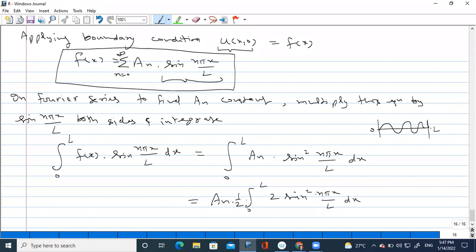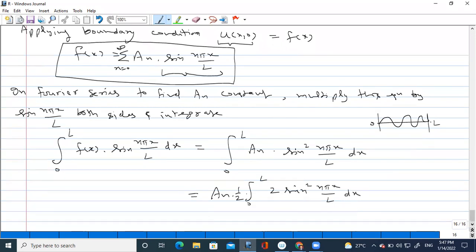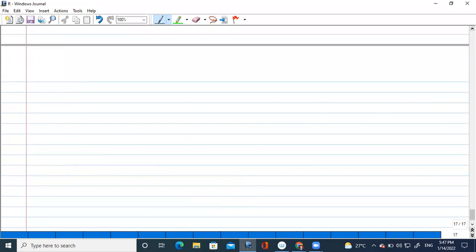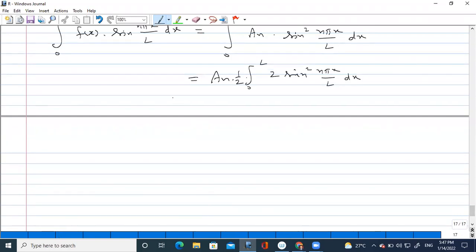Now 2 sine square theta can be written in terms of cos. It will become an by 2 into. 1 minus cos 2 theta is equal to 1 minus 1 plus 2 sine square theta.